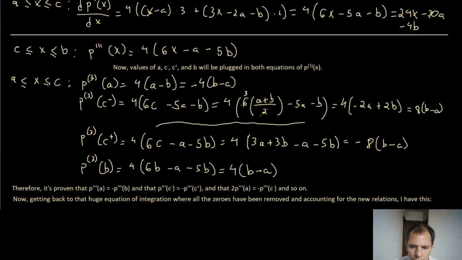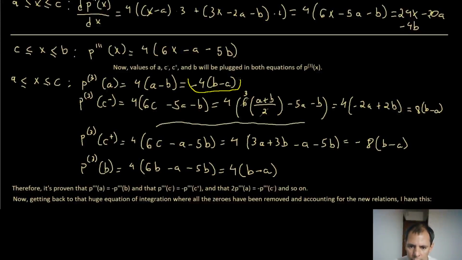So after you substitute all these values, a is going to go on this formula, c minus is going to go on this formula, c plus will be on this formula, and b will also be on this formula. After you do that, you're going to get these values.